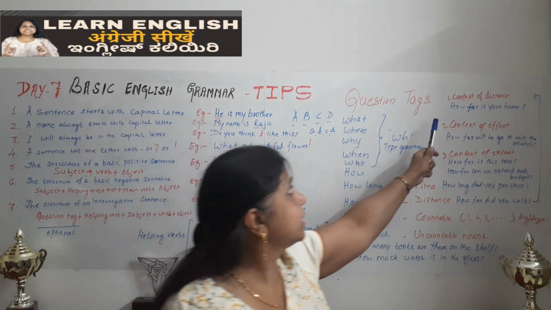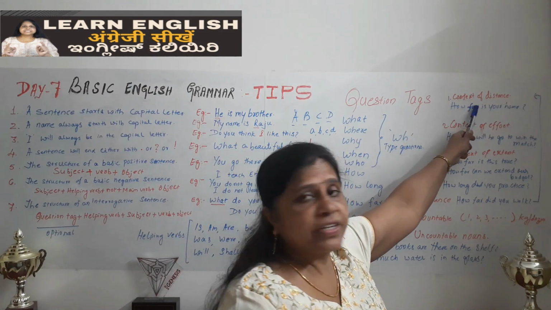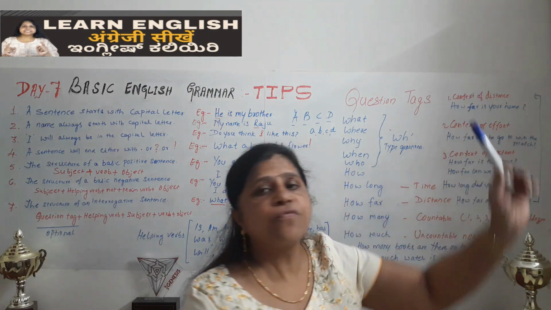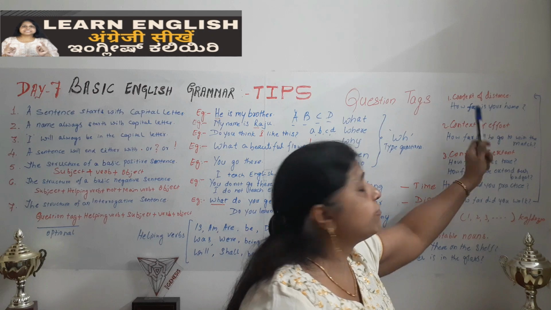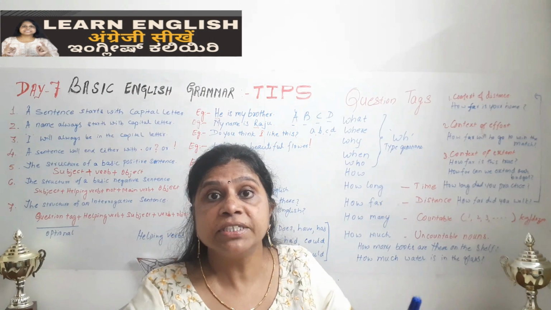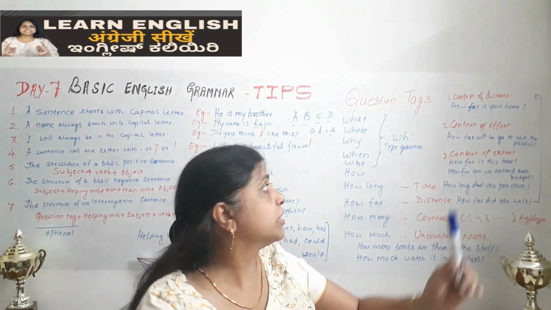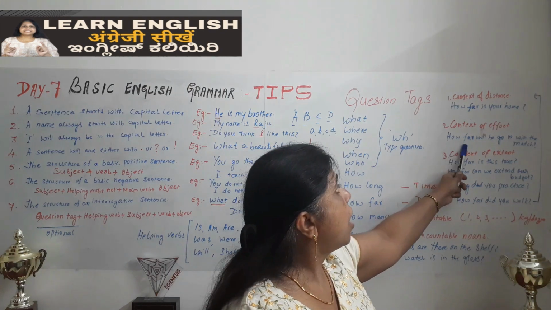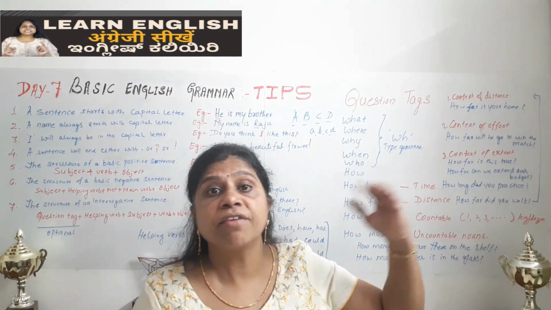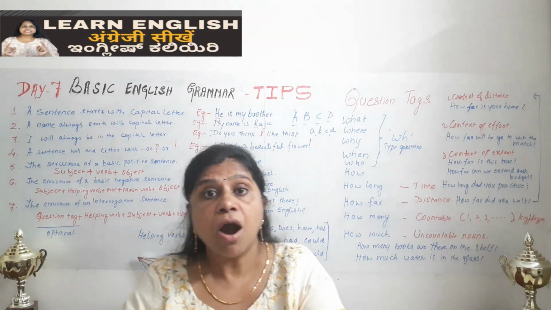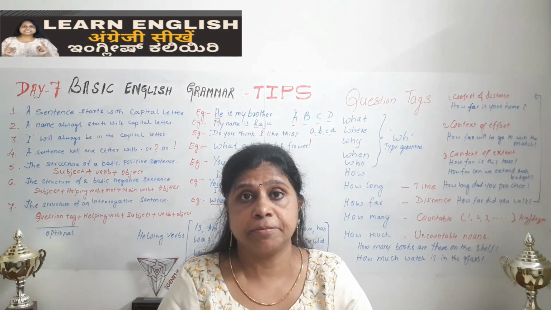One is the context of distance, that is, how far is your house. Context of effort: how much effort he has put. For that we also say how far will he go to win the match. That means how much effort he will take.